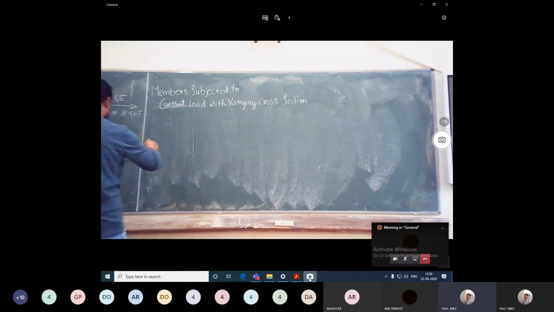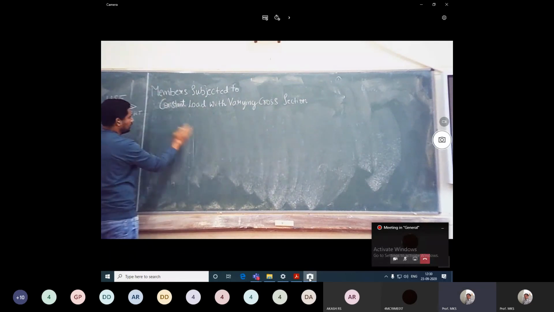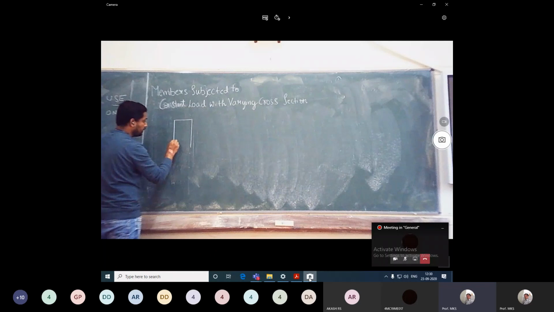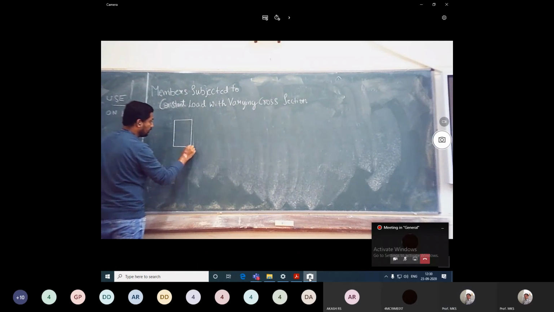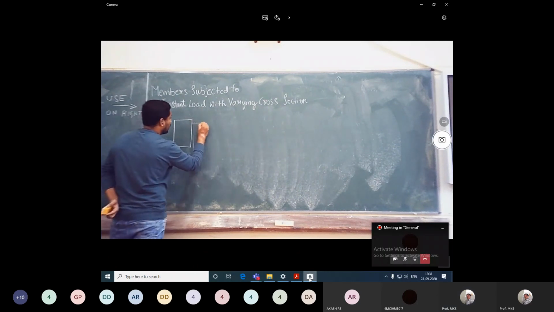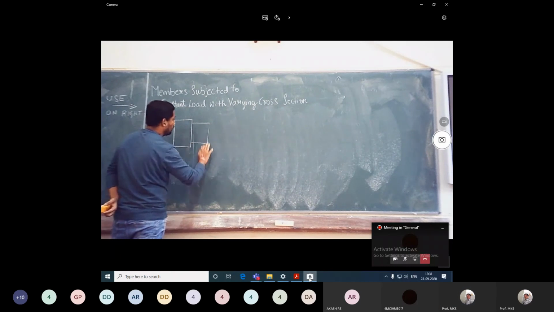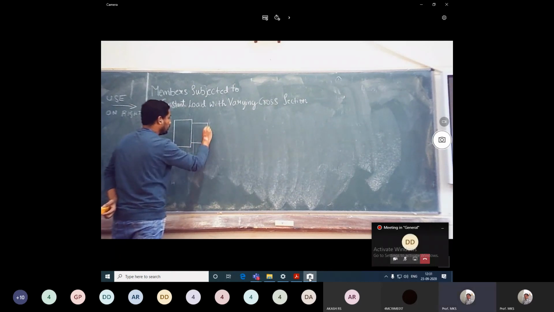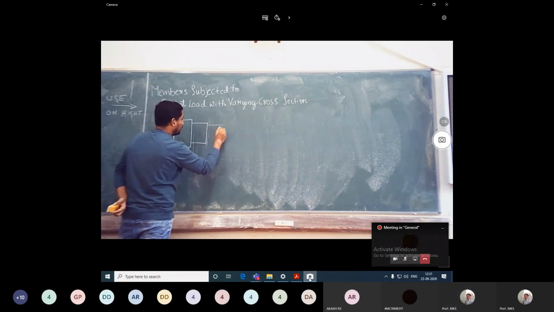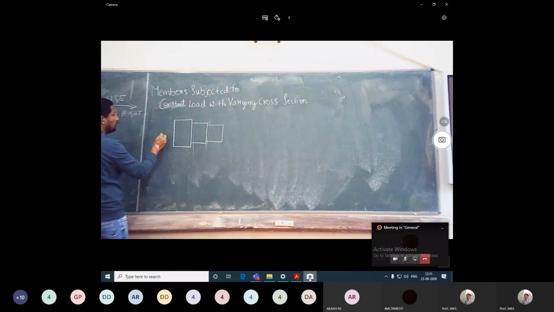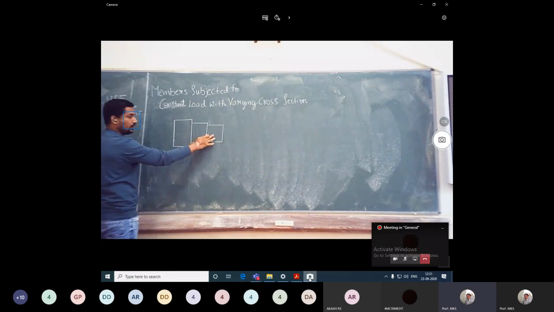So we have a small, simple derivation for this. For example, the problems may be of this type. We have a stepped bar of different diameters.